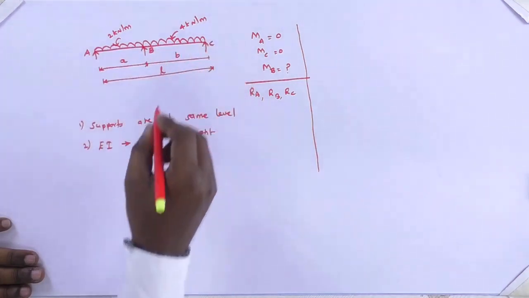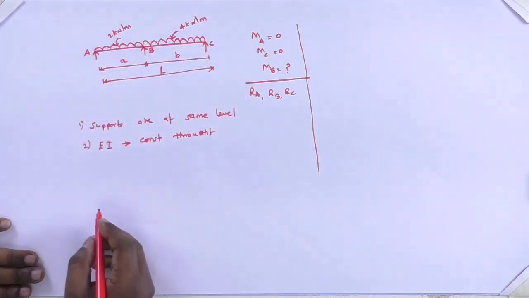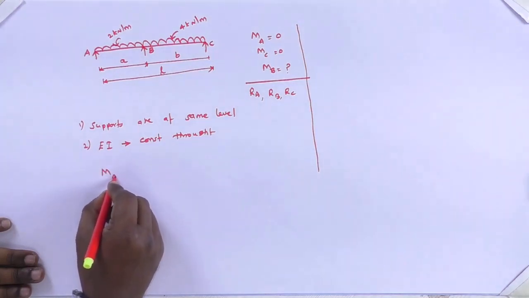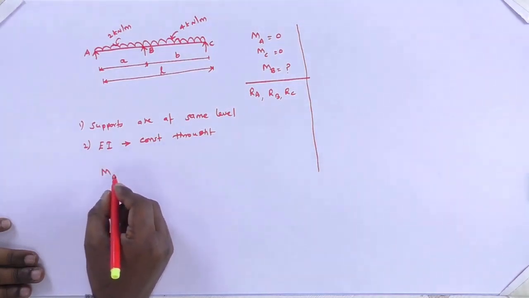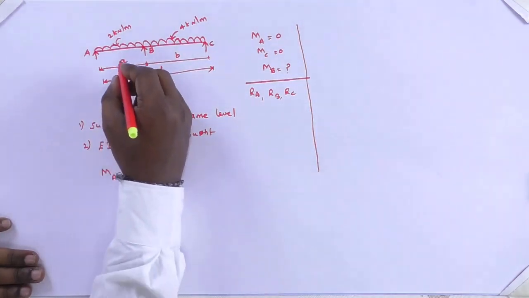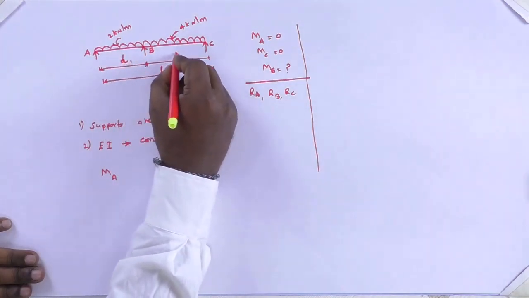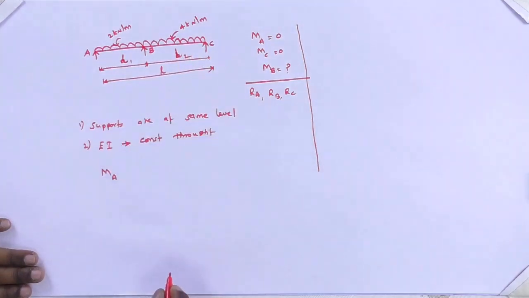point A, point B, point C, all the 3 points are covered. The general equation is MA into, so I am taking here the A, so instead of A I will take this as L1, this is L2.